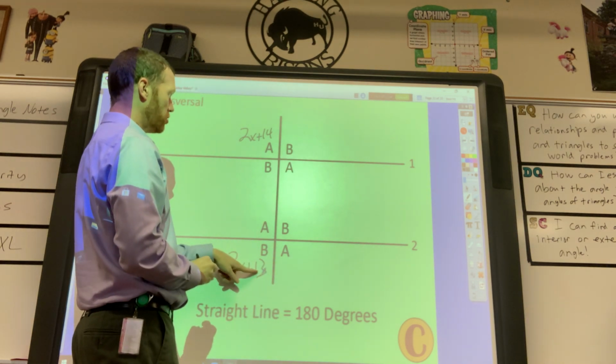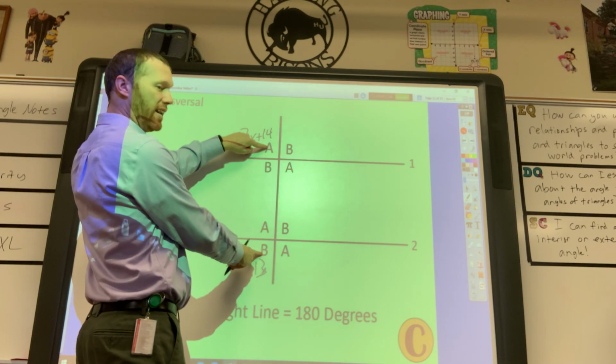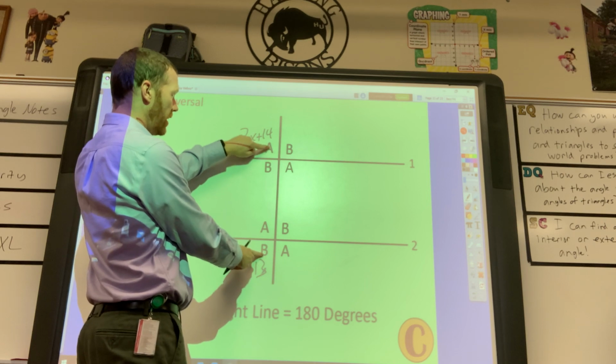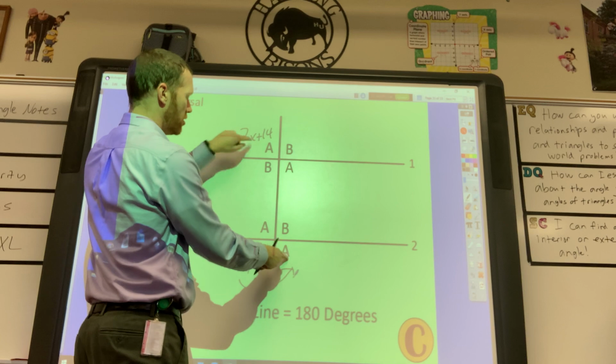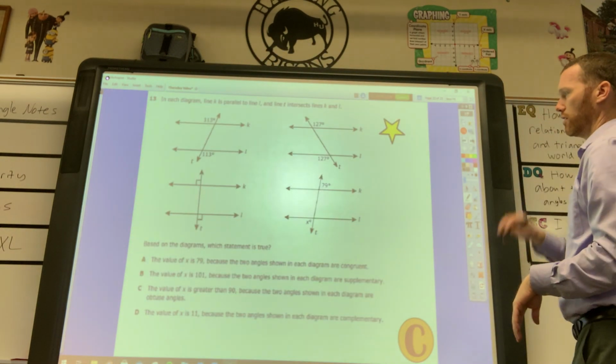Are you supposed to set those equal to each other, or are you supposed to set them equal to 180? Well, it depends on where they're at in the AB pattern. They're in different spots, so they need to add up to 180. If they're in the same spot, like if that was over there, then you could set them equal, okay? Gotta AB the stuff.